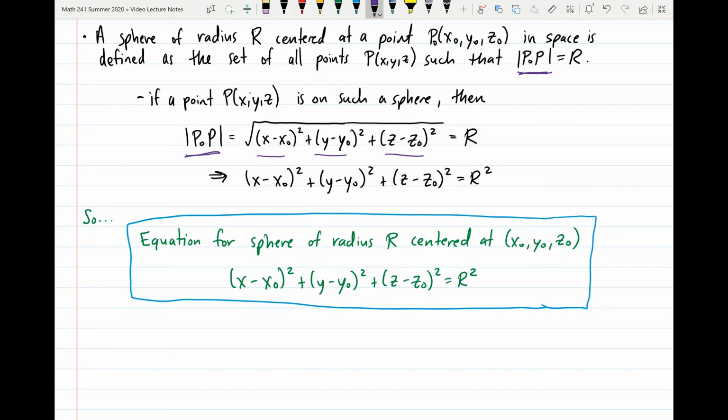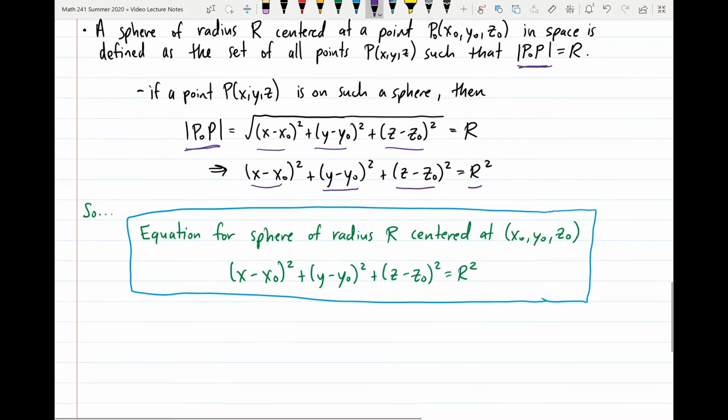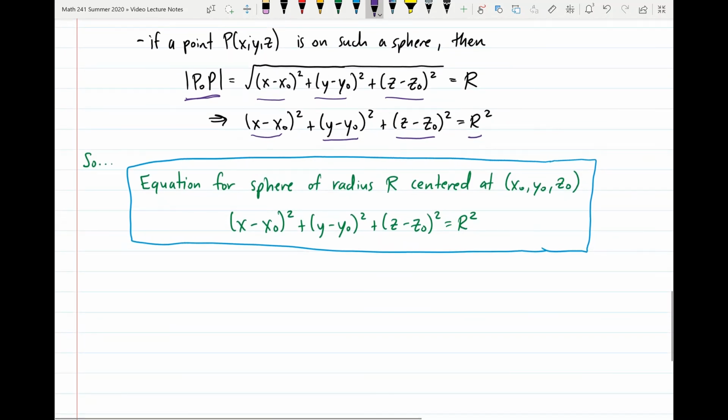And that has to equal r, because we assumed that the point P is distance r from P naught. If we square both sides of that equation, we get (x minus x naught) squared plus (y minus y naught) squared plus (z minus z naught) squared is equal to r squared. And this actually gives us an equation for the sphere of radius r centered at x naught, y naught, z naught.